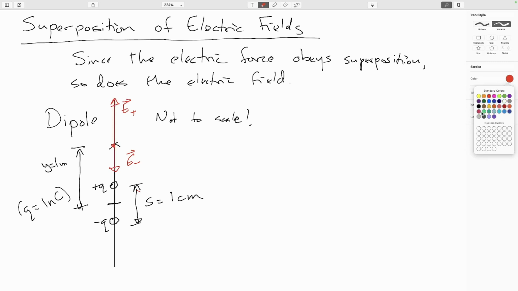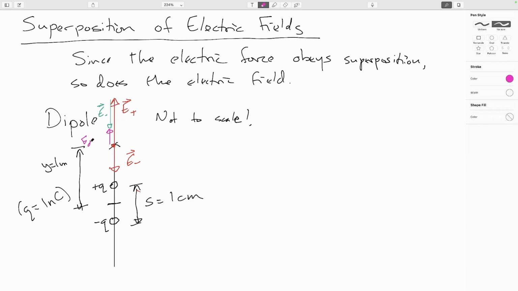In this case, I think I will revert to the good old tail to head rule. So I'm just going to put another copy of E- right there. I just did a parallel transport so I could put the tail to the head. And then I get that my net electric field from the dipole points up.